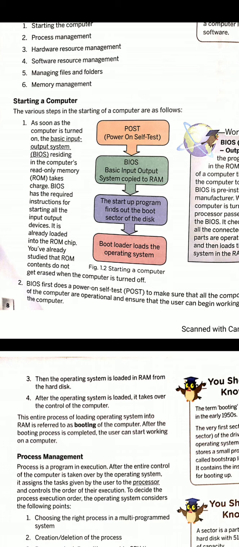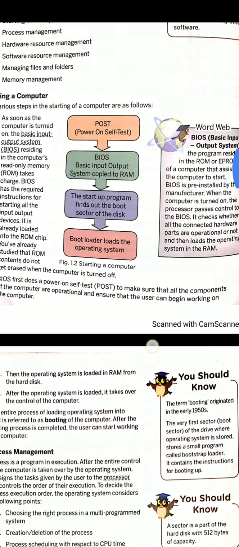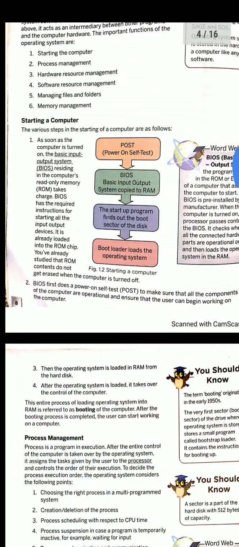So whenever we switch on the computer, the instructions stored in BIOS, which is already loaded into the ROM chip, are used. The BIOS first does a power on self test to make sure that all the components of the computer are operational and to ensure that the user can begin working on the computer.